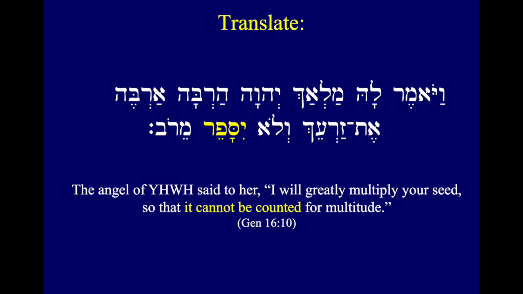Notice your mappiq, your dot, in the hey. You're not supposed to put a dagesh in a hey, right? That's to tell you it's her. Don't forget her. So, and he said to her, and then malak Yahweh, the angel of Yahweh, the messenger of Yahweh. There's no word that means just angel in Hebrew. It means messenger. And it's used for human messengers and for divine messengers, right?